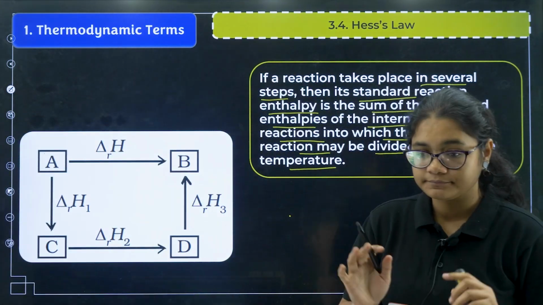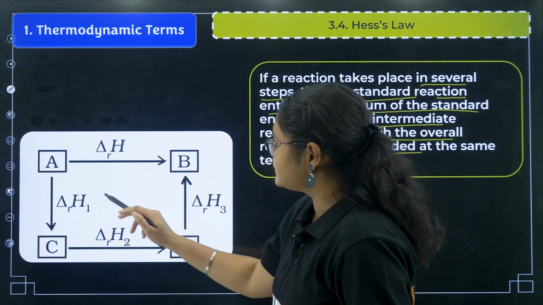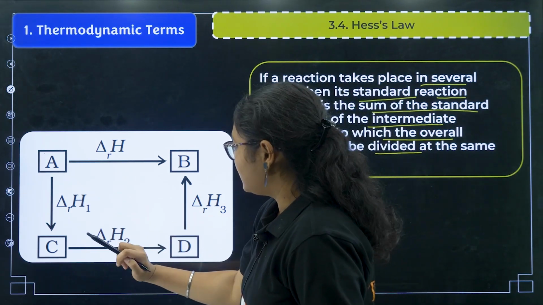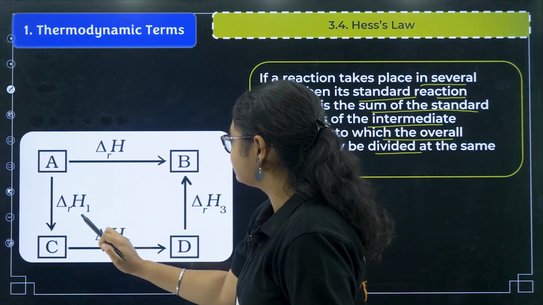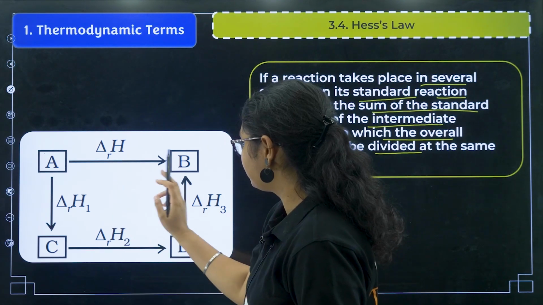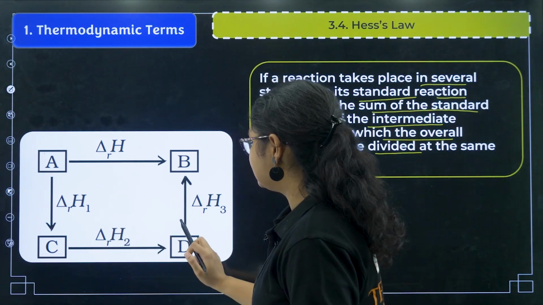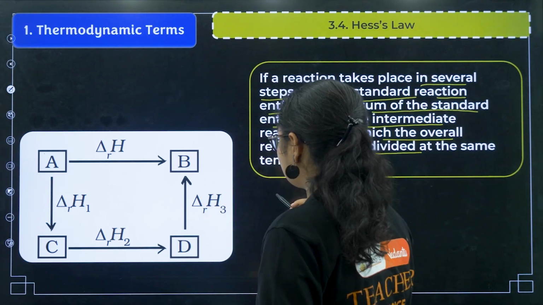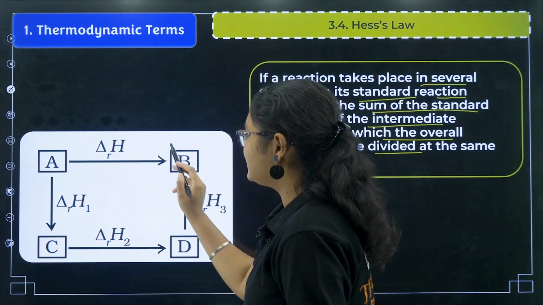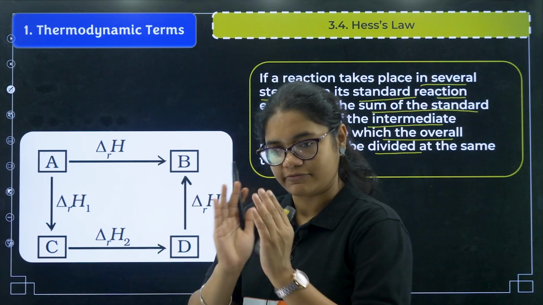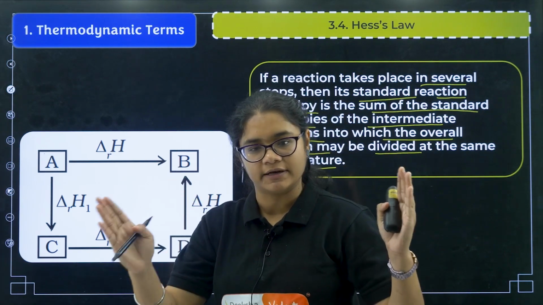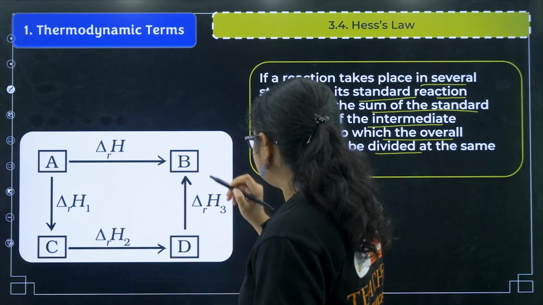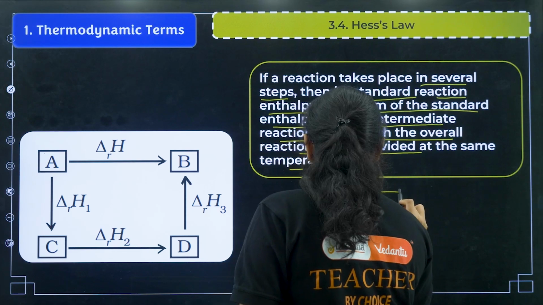Now see, suppose I have this one, A to B, we have like this. So A to C, C to D, D to B. Okay, so suppose I can go from A to B is the enthalpy of reaction. Okay, the final product is A converting to product. Now suppose this reaction A to B is going like this.